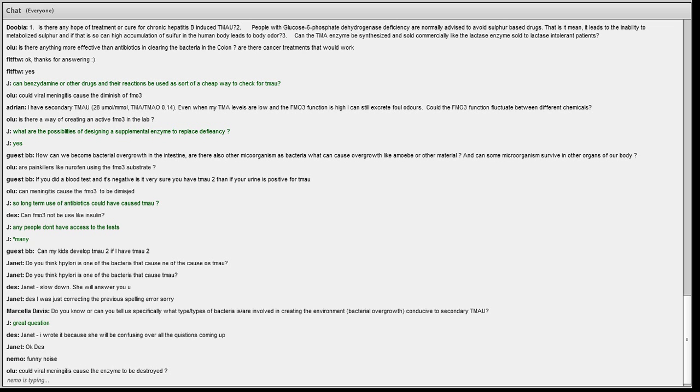Well, tuberculosis, the bacteria are all over the place, in macrophages and everything, and inside cells. So bacteria do get around the place in the human body. I'm not sure that anyone has correlated trimethylaminuria with bacteria in organs other than in the gut.